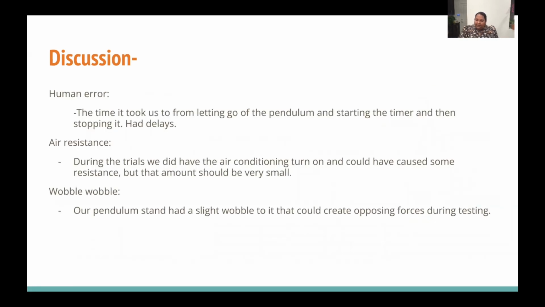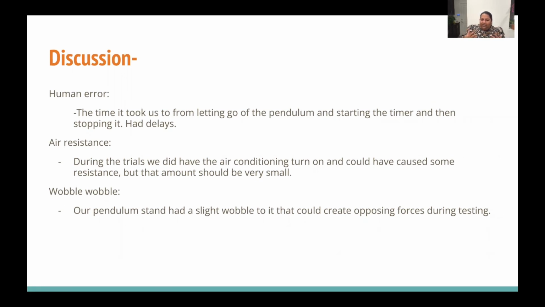Our percent error was a little high, and we did feel like we may have run into some errors. One of them was human error. The time it took for us from letting go of the pendulum and starting the timer and then stopping it again had some delays.